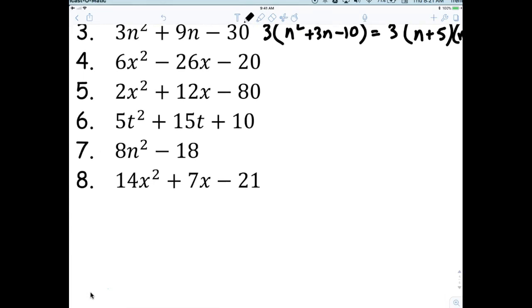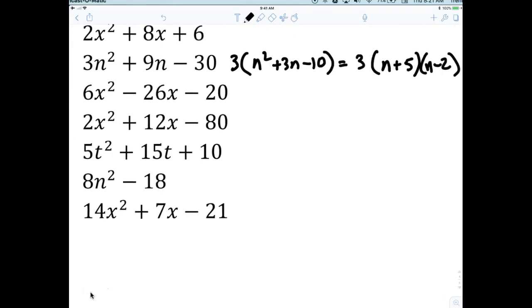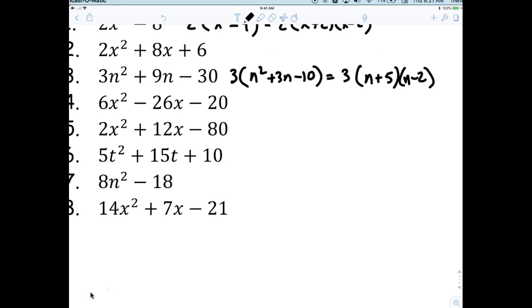Yes. And so, if you know how to do everything up to this point, the only thing different is you have to factor out a GCF and then you do what you did previously. All right, that's what makes it easy.